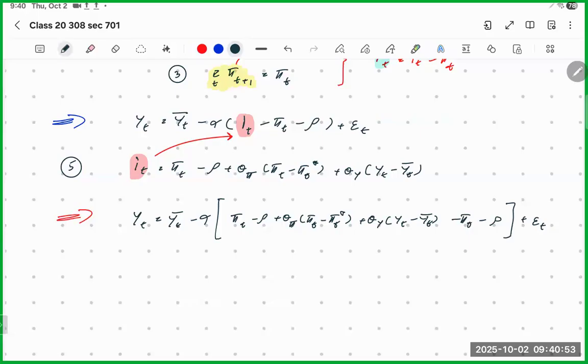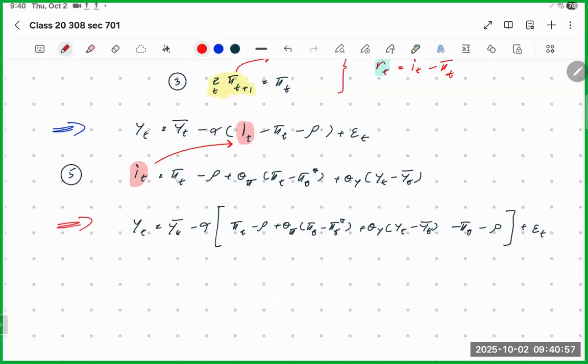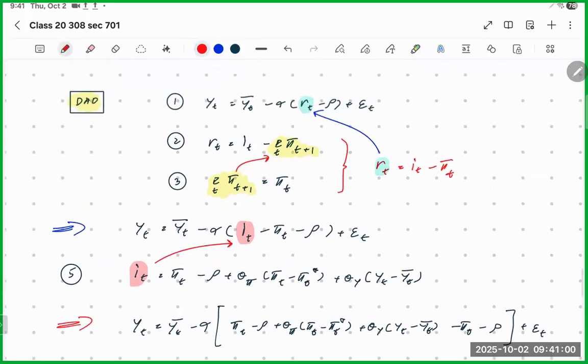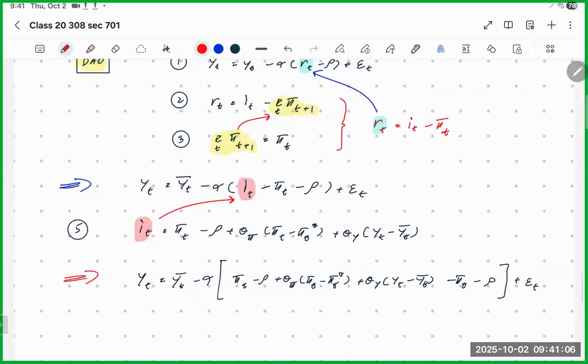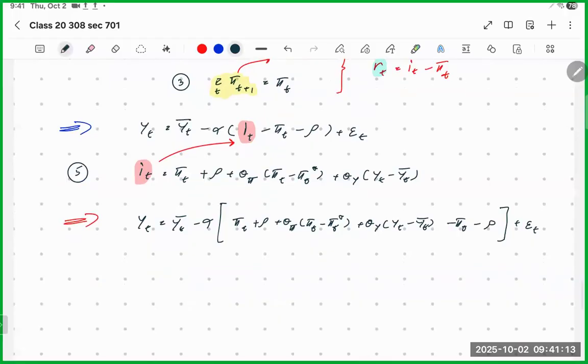And then you can see that, oh, this one is positive. So you can see that here, pi T in the front minus pi T in the back cancel out. Rho in the front minus rho in the back cancel out.